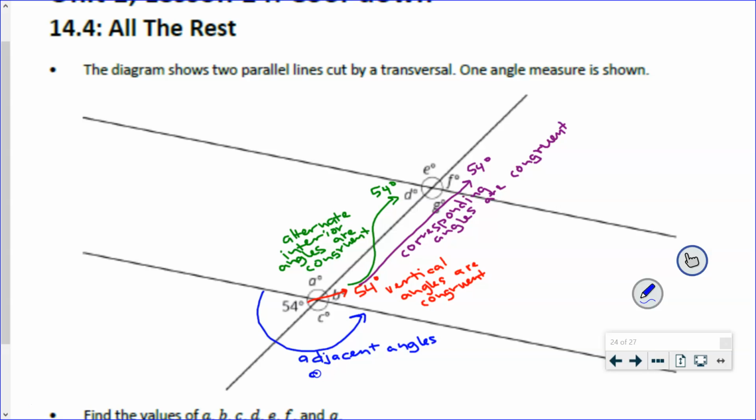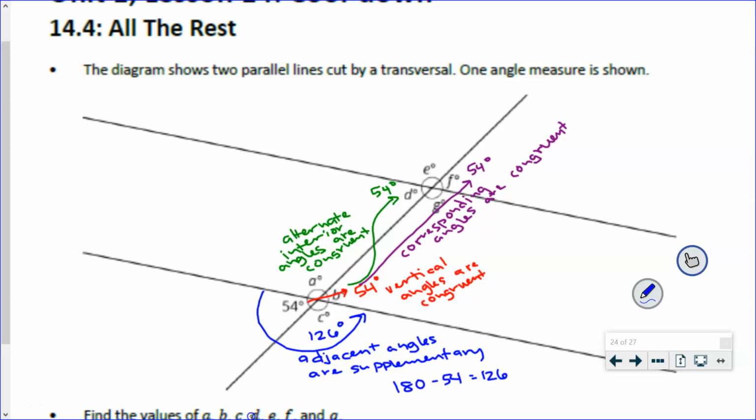That means they add to 180 degrees. So knowing that they add to 180 degrees, I have 180 minus 54, and that tells me that this is 126 degrees. Again, 180 minus 54 is 126. That's how I know. And again, I can check: 54 plus 126 does equal 180 degrees.